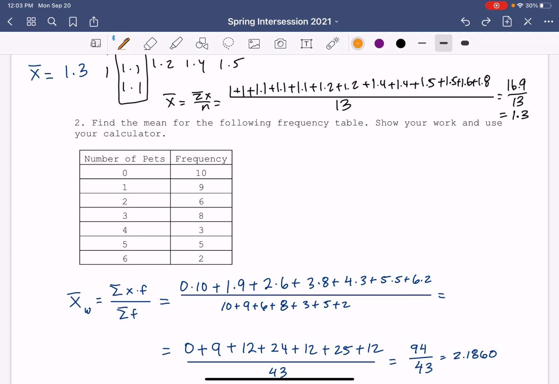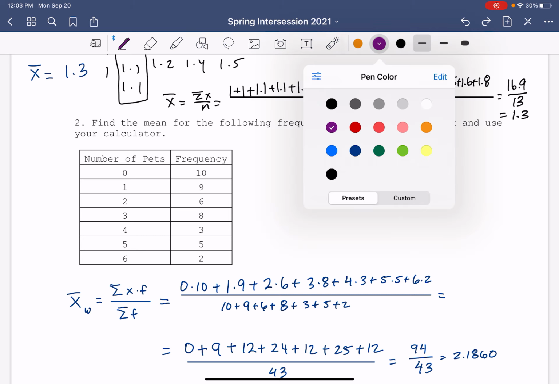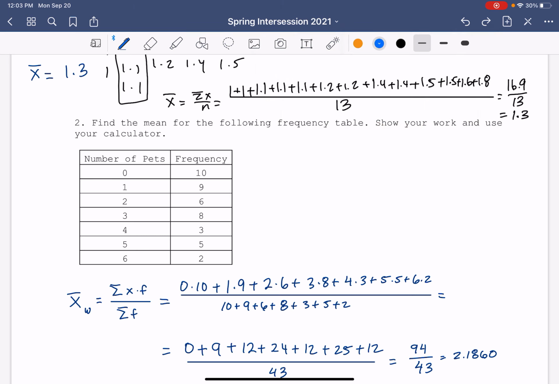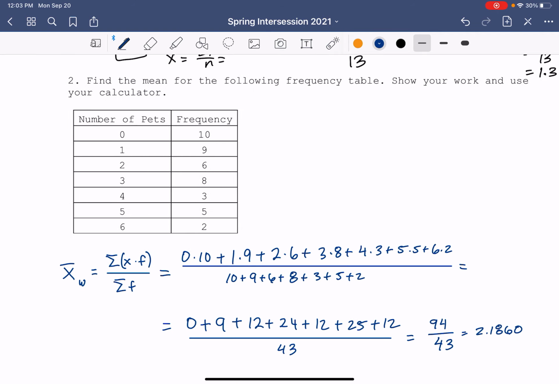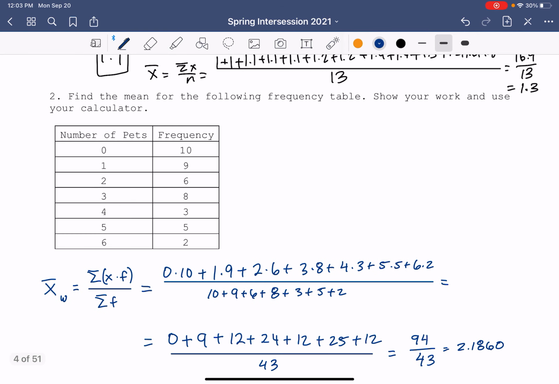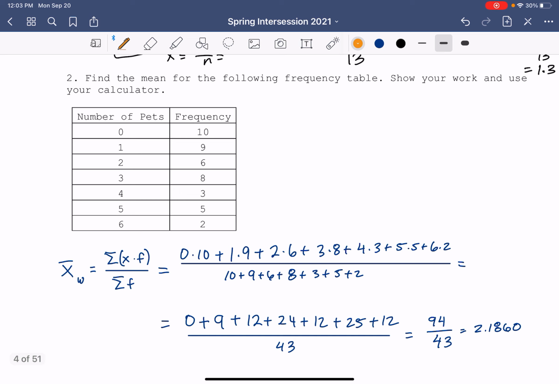And I might as well change this a little bit to put parentheses. There we go. That's a little bit better for our understanding. So multiply these values. And they're all written out here.